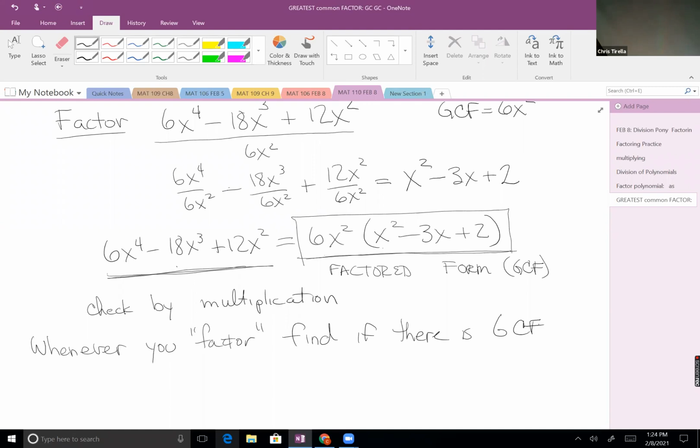So let's look at a couple of examples, starting with easier ones and working our way up. Before I do that, does anybody have any questions?